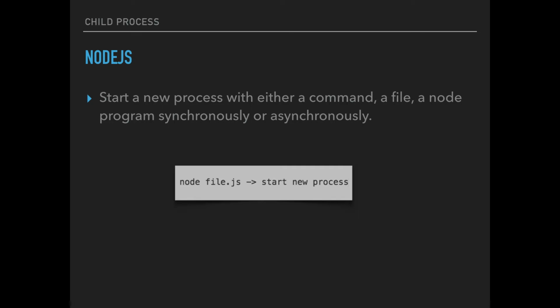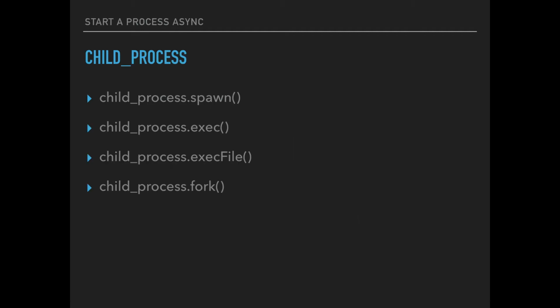You can start these new processes synchronously or asynchronously. So we will look into the different functions that you can start new processes with and see what the difference is between them.